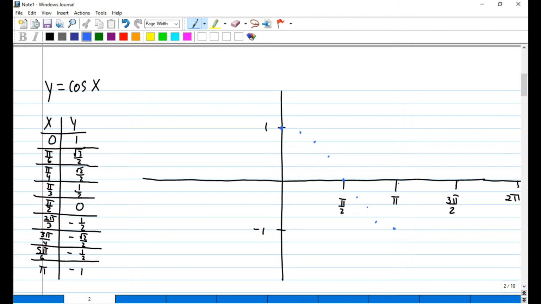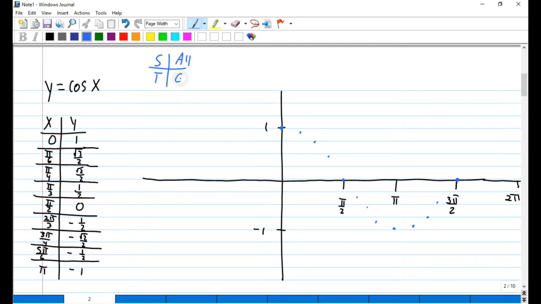And then what happens if we think about the salty sea chart, when we get to the third quadrant, cosine is still negative, but if you punch the values in, you'll see that they start to go up until we get to 3 pi over 2.